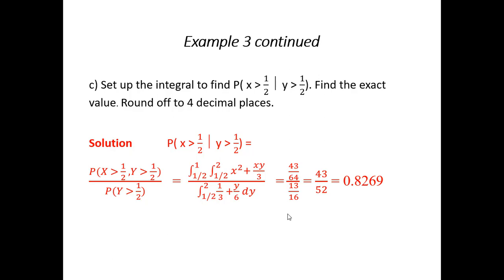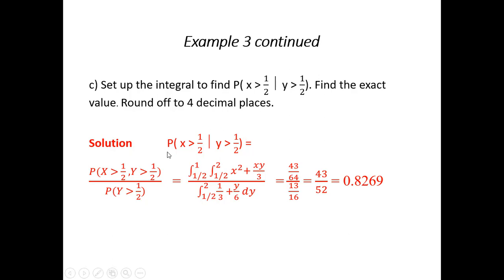Continuing with example 3, suppose we're asked to first set up the integral to find the probability x is greater than 1/2 given y is greater than 1/2. First set it up, then find the exact value, rounded to 4 decimal places.